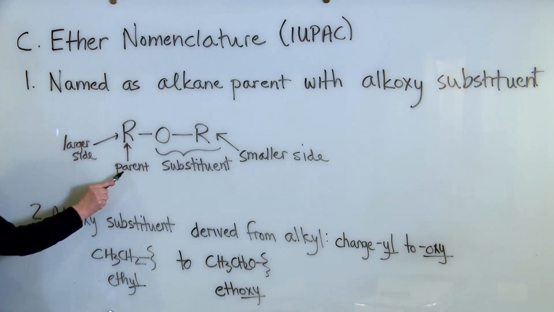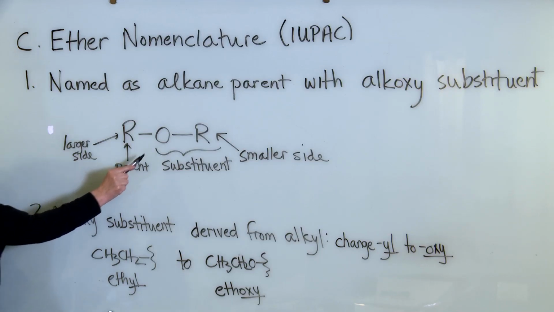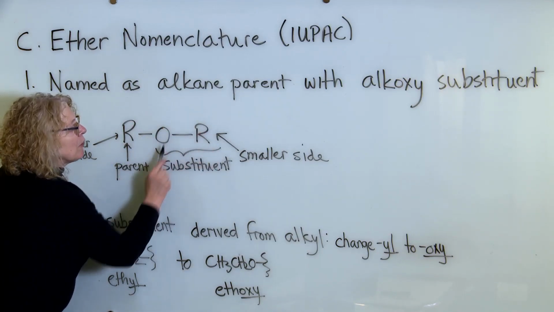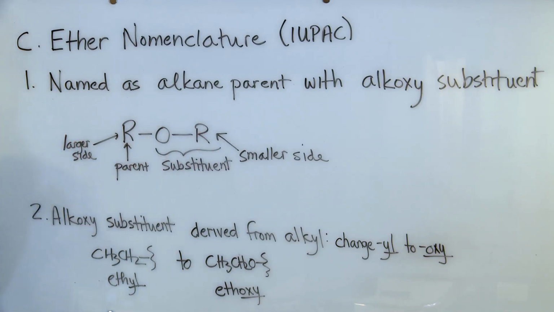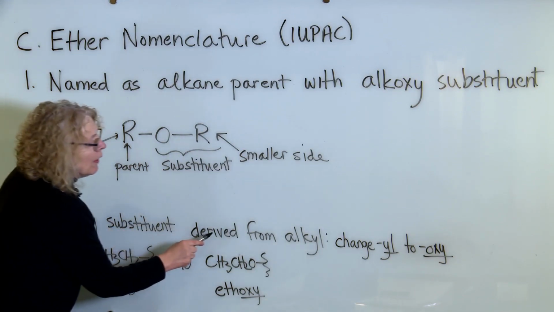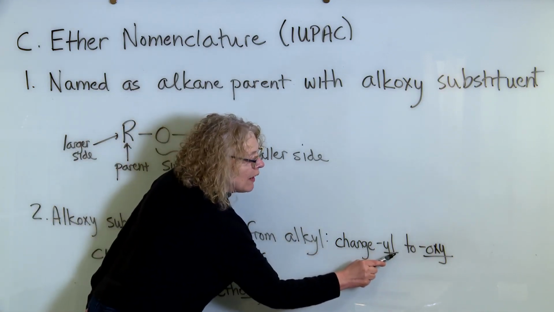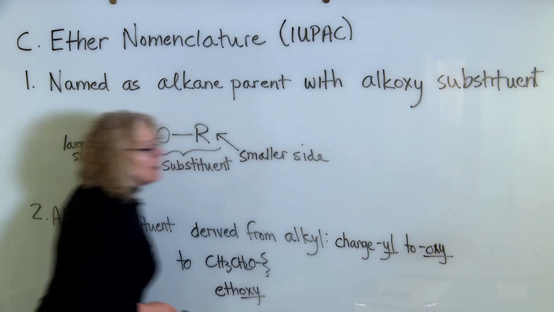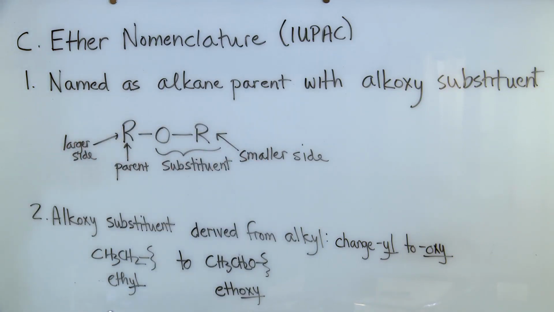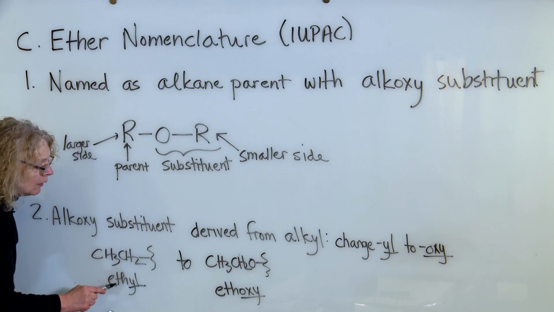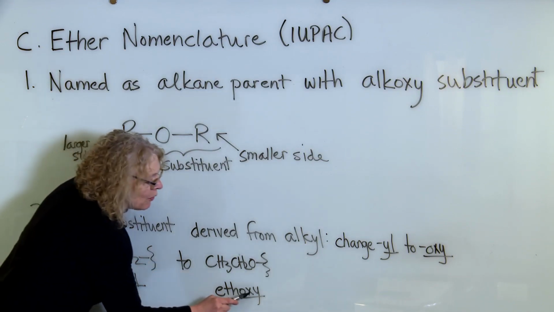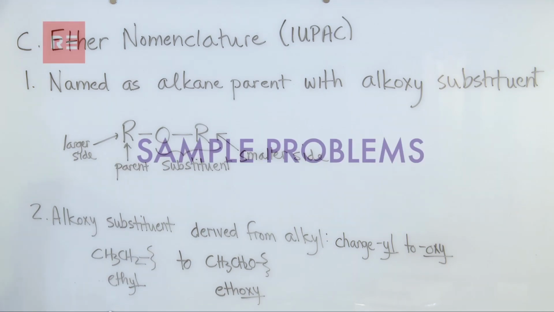The larger side will be the parent alkane, and the smaller side of the ether will be a substituent on the parent alkane. An alkoxy substituent is derived from an alkyl group. You change the yl of the alkyl group to the suffix oxy. So for instance, an ethyl is changed to an ethoxy substituent.